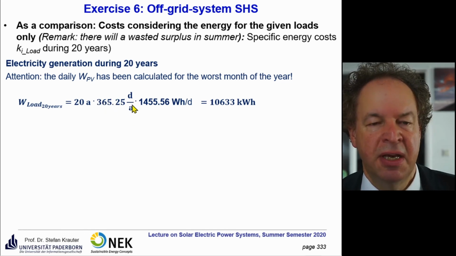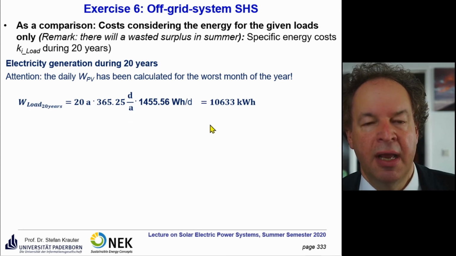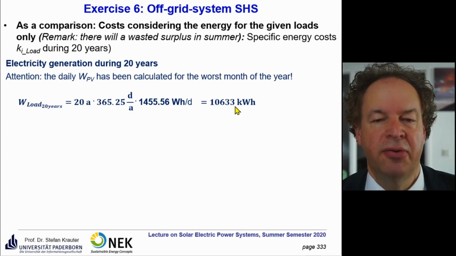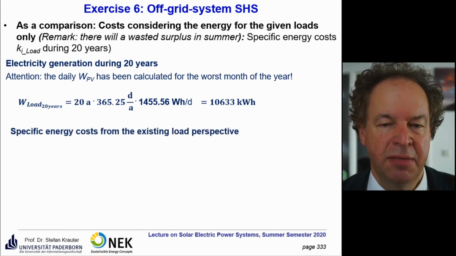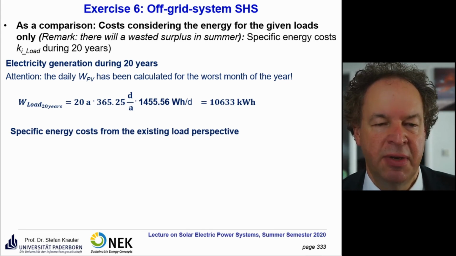So this is 365.25 days per year. The days get eliminated, the years get eliminated, and here we have watt hours per day. The day gets eliminated, so we have the rest in watt hours, or exactly 10,633 kilowatt hours of electric energy being consumed by the loads during those 20 years.